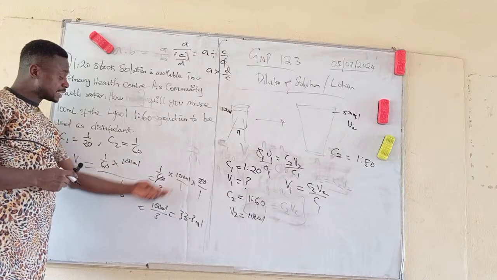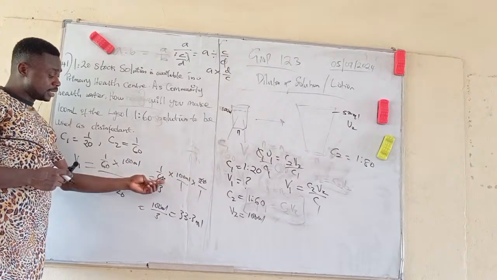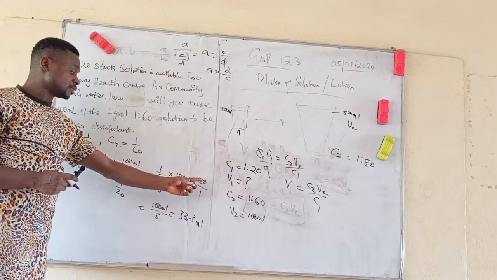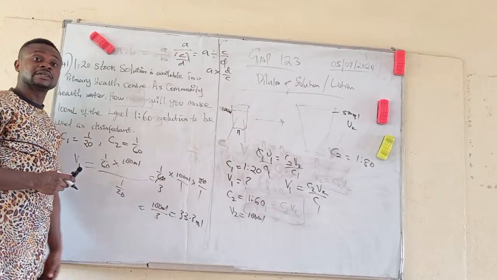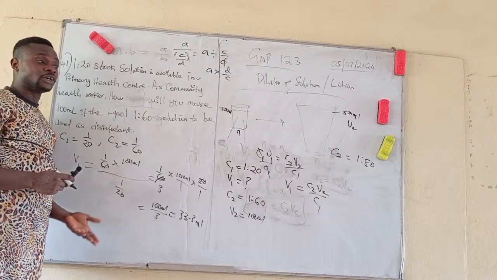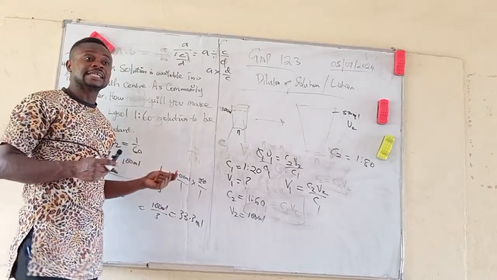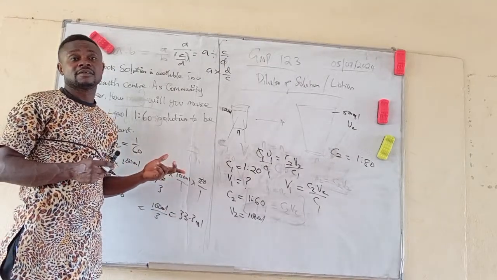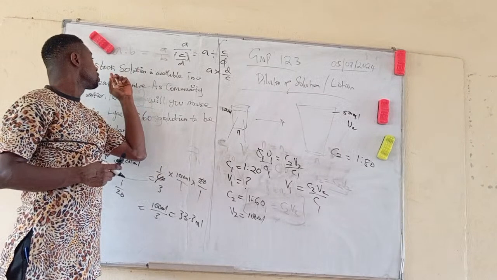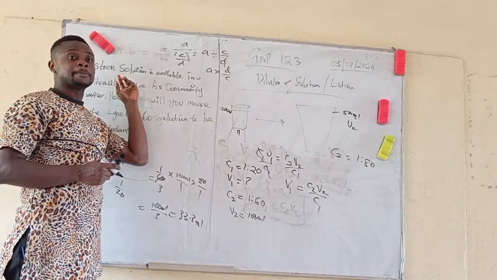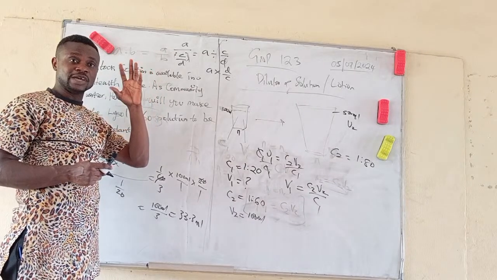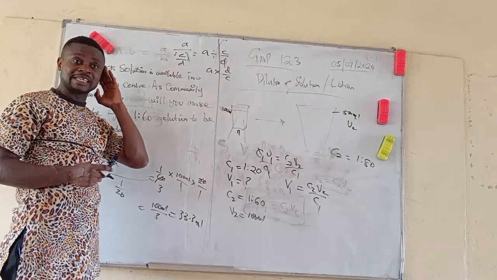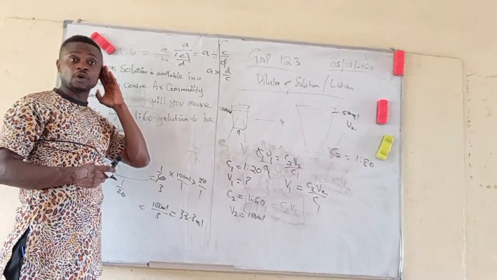So let's start cancelling. This cancels this, and you have 3. 100 mil over 3 is 3.3 mil. All you need to do here is take 3.3 mil of the stock solution, and get a calibrated measure that can measure up to 100 mil.